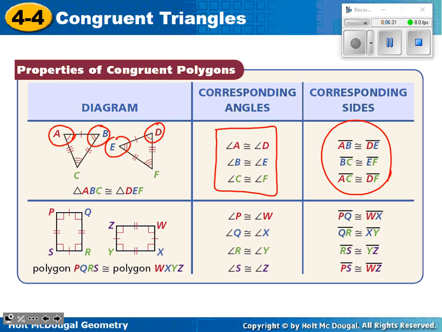Any questions? Okay, the other thing that's going to be huge for the rest of this school year is what this statement right here is and this statement down here is. And you don't need these words polygon, so if you want to cross those out, you can. They don't tell you this right here, but this is called a congruence statement.